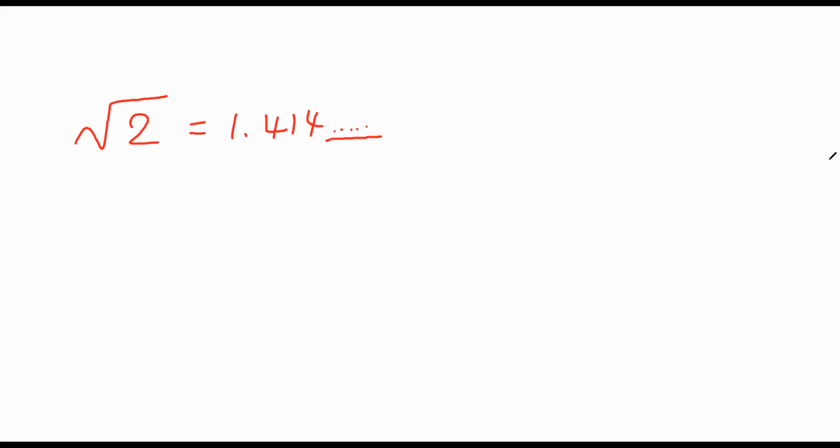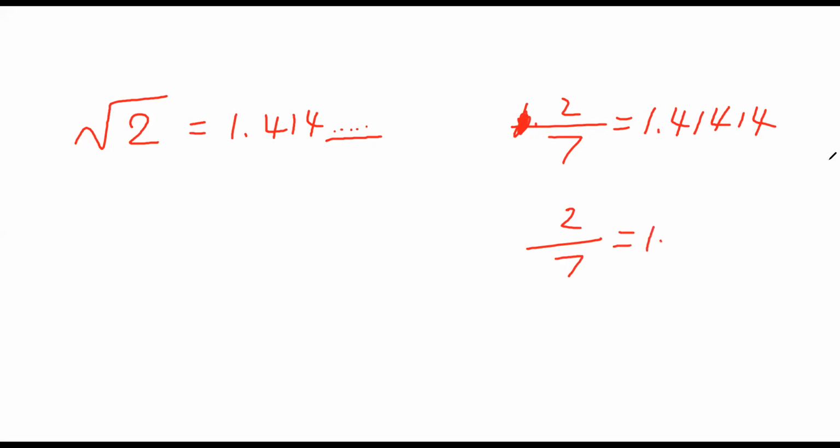But another one to repeat. Earlier, what did we learn? Something like, let's say, 2 over 7. What does 2 over 7 equal? 2 divided by 7... Oh no, I'm sorry, you are right, it is 0.1414. It's a repeat pattern, right?